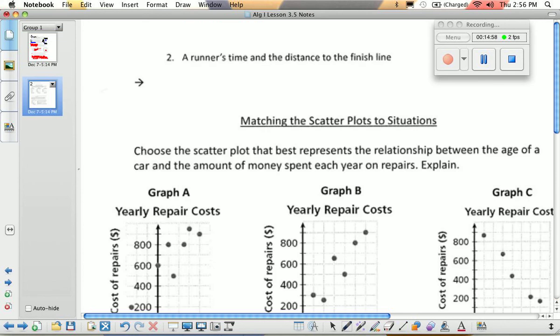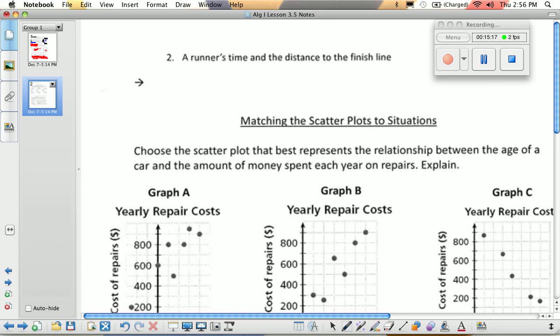A runner's time and the distance to the finish line. Any correlation between a runner's time and the distance to the finish line? What do you think, Ashton? That it would be a positive. A positive correlation. Because what?